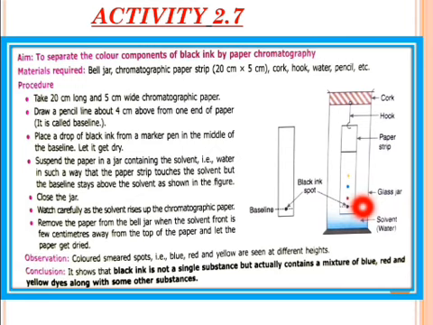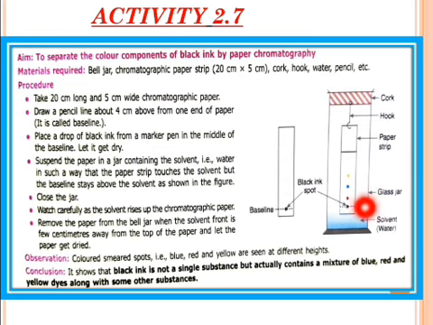The different colored components of black ink begin to separate from one another as they travel at different speeds up this paper strip, depending on their solubility in the solvent, that is water, and on their ability to adhere to the paper, means to remain fixed with the paper, to remain joined with the paper.